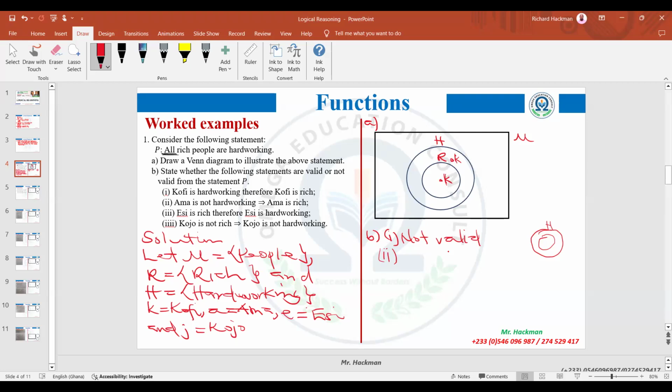Ama is not hardworking, am I right? Yes. So implies is equally one of the conditions that we will use to join two simple statements, making it a compound statement.